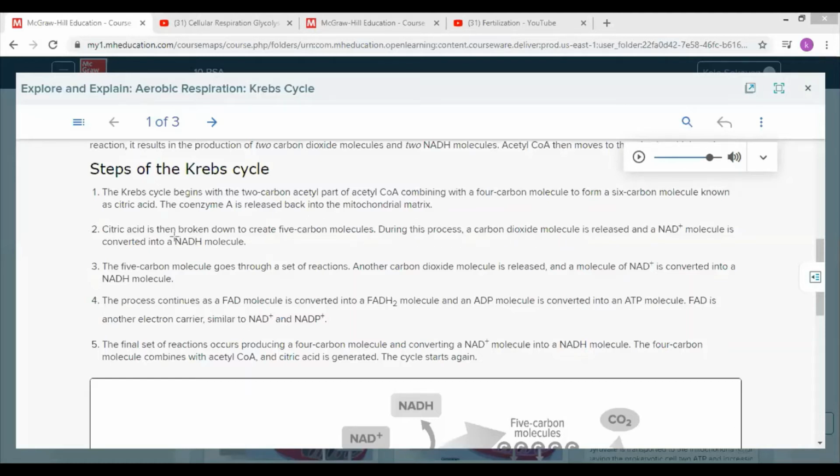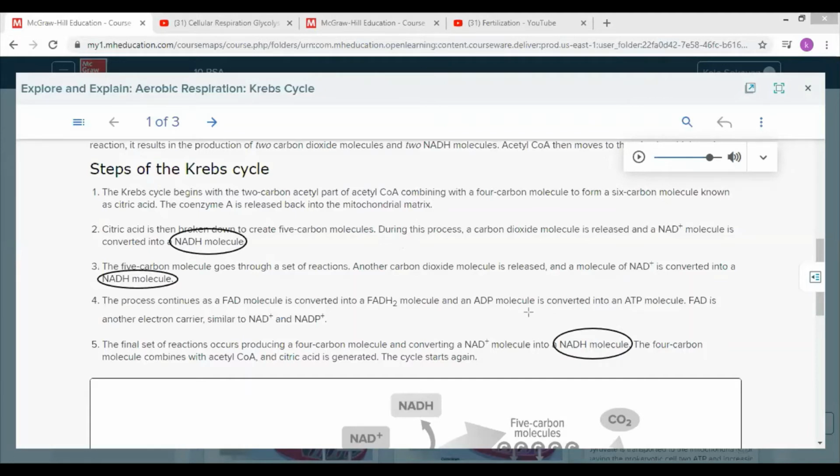during the Krebs cycle? As you can see here, 1 NADH molecule, this is per pyruvate, of course. This is the second NADH molecule. And also the third.